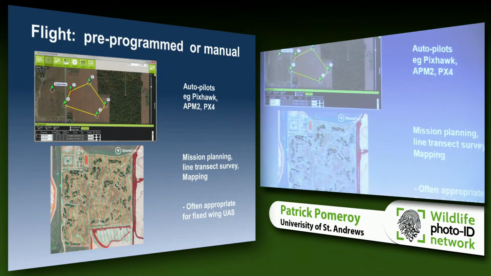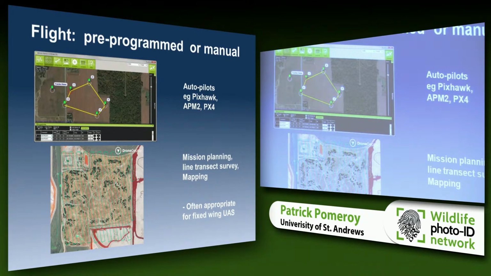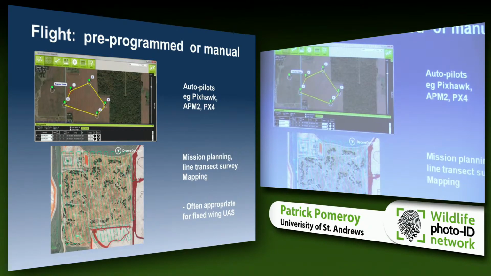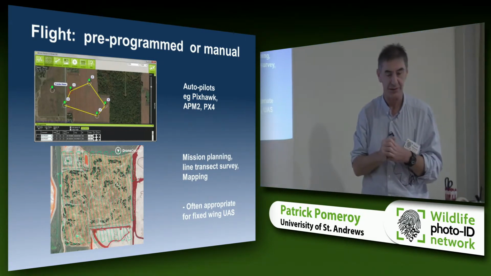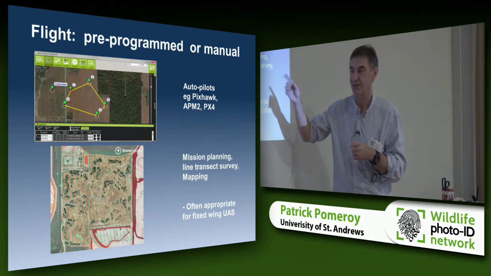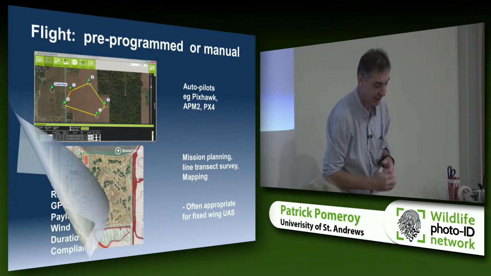These are often more appropriate for fixed-wing UAVs rather than the multicopter ones, where you have a longer endurance and you're really looking to do more of a survey-type application. So there's probably a role for that in discussions that we could have about Lake Saima, but I would also think about the multicopter options while we're here.